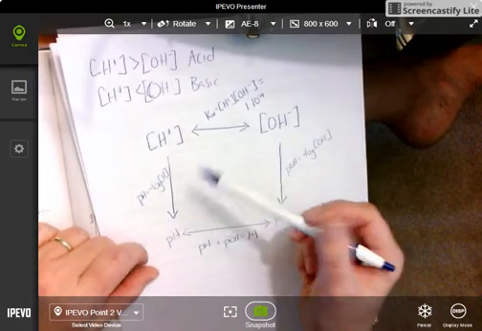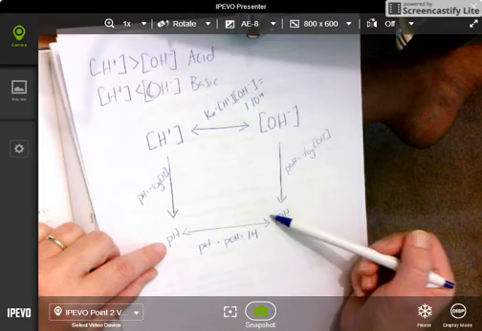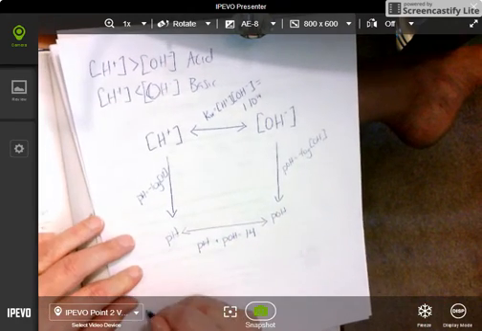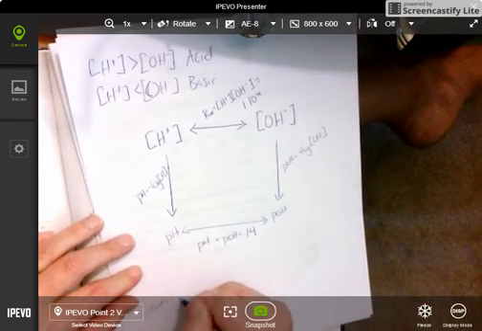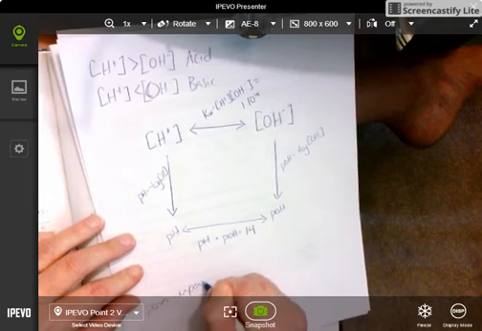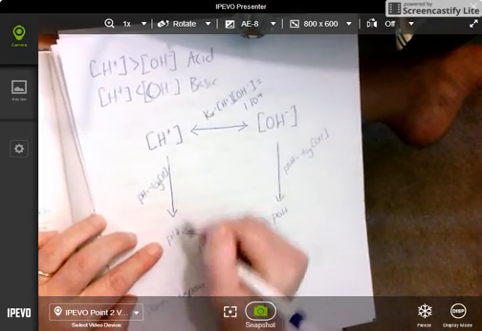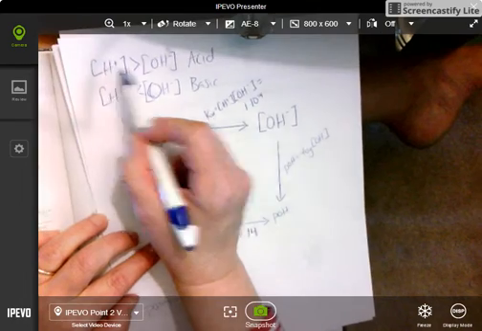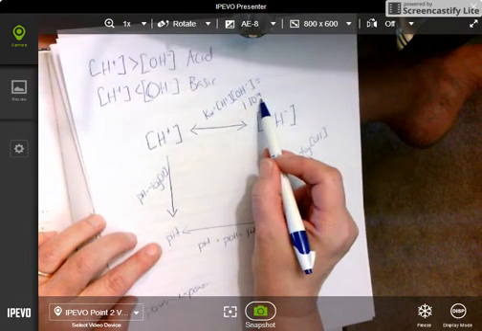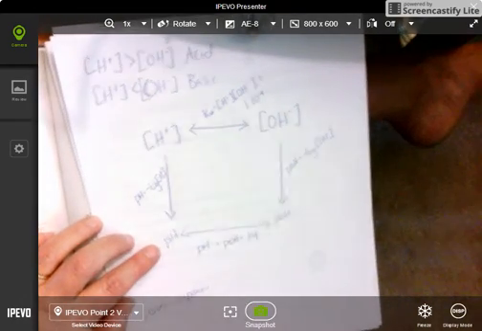Okay, so the reason we use a pH scale, that P, think of it as power or exponent. It's the power or the exponent of the hydrogen ion concentration. That's the exponent. We're talking about that exponent.